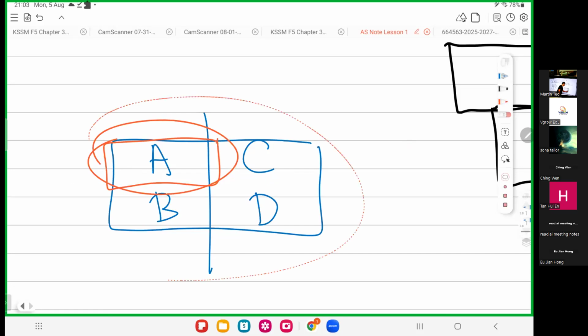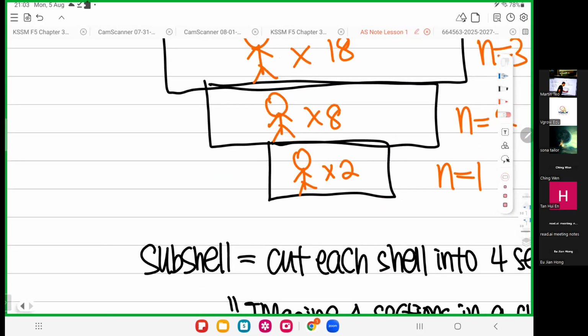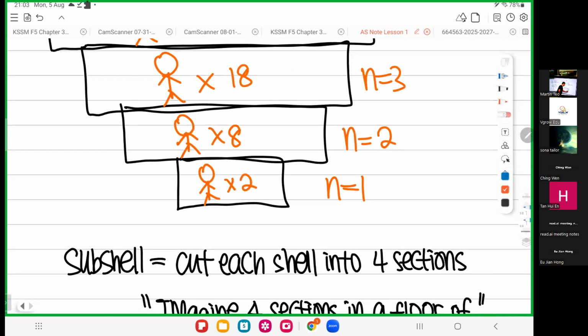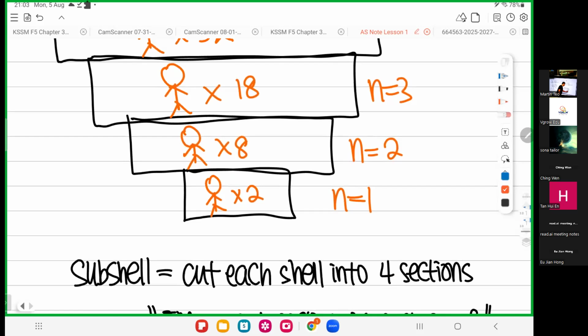All right. So now we will try to cut every shell that we have, every floor of the hotel, into 4 specific sections.